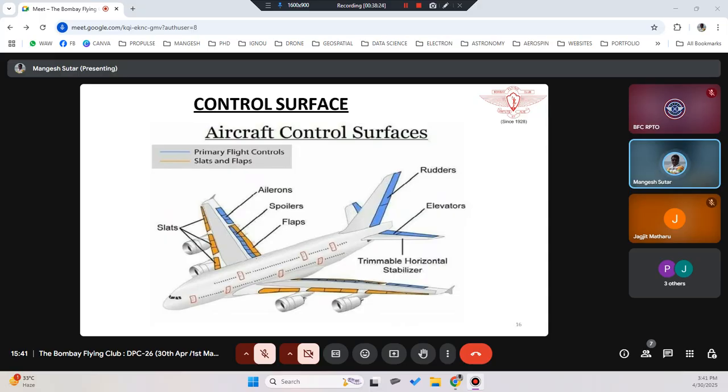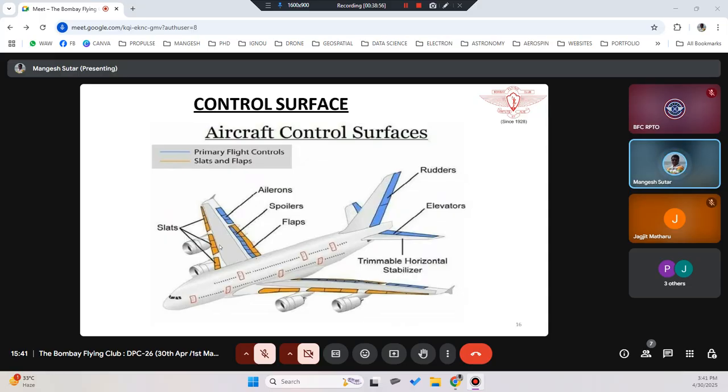For example, whether you are flying a small aeroplane like a Cessna, a World War II fighter plane, or any fighter plane, you will always see these three primary flight controls: ailerons, elevators, and rudders. These will always be there irrespective of the size of the aeroplane. Whereas secondary control surfaces like spoilers, flaps, or slats will only be there on bigger aeroplanes.